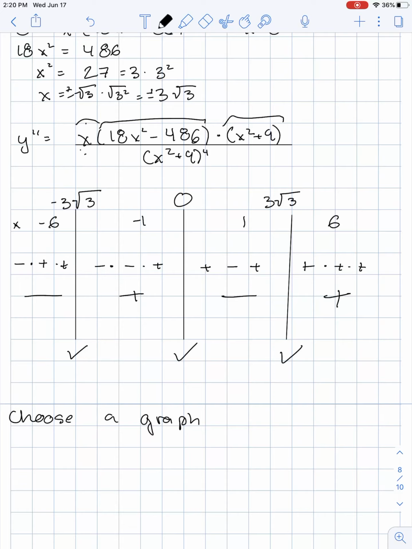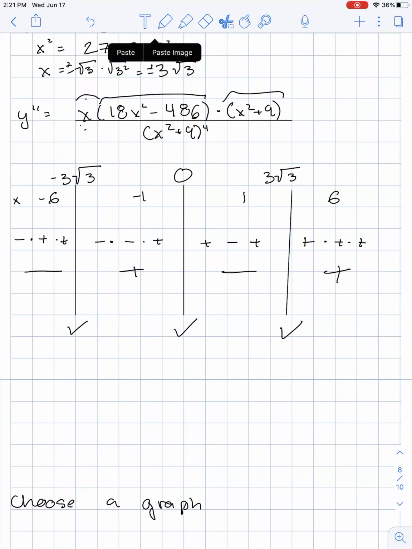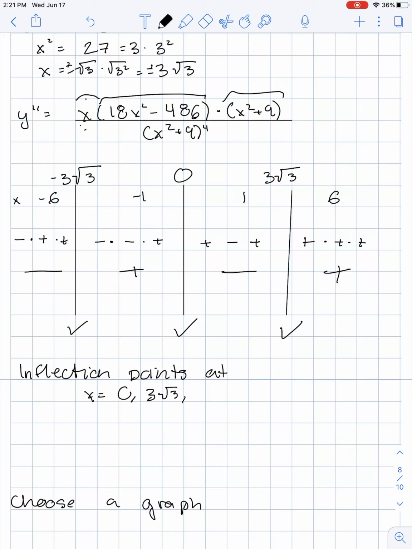I think the question gives it to you as x equals, so that is a hint that you don't want to put in an xy coordinate. So I would say that I have inflection points at x equals 0, 3√3, and -√3.